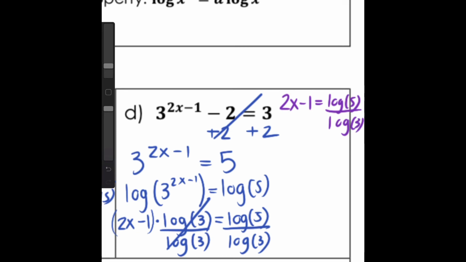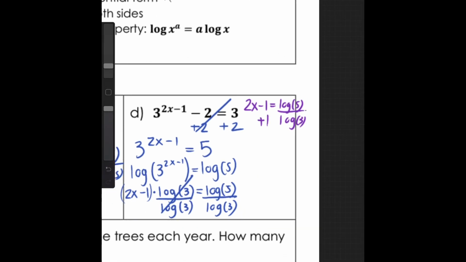So then we're going to add 1 to both sides of that, because remember we're solving for x. And then we're left with 2x is equal to log of 5 over log of 3 plus 1. And then we have to divide the whole thing by 2. Cancel it out, and x is equal to.